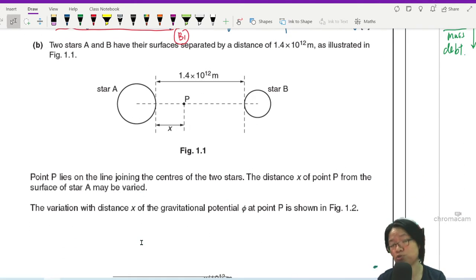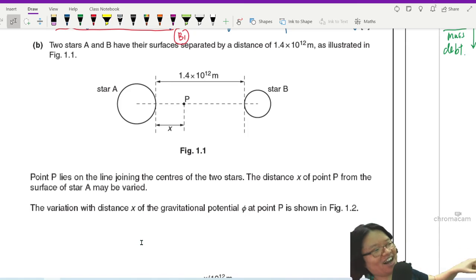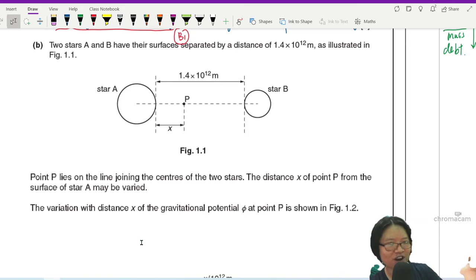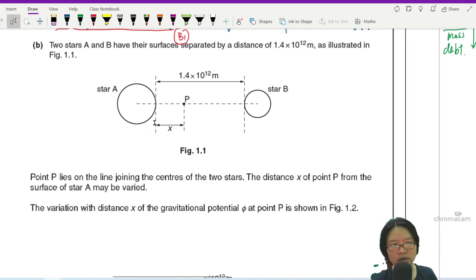Here now we have two stars. Now when you have two stars, the situation changes a bit because star B is like, hey, you want to escape from star A? Can. I'll help you. You just need to travel to a point where my field is stronger than star A's field, and then I can just bring you over. Okay, so now we have star A and star B. Let's look at what happens between them.